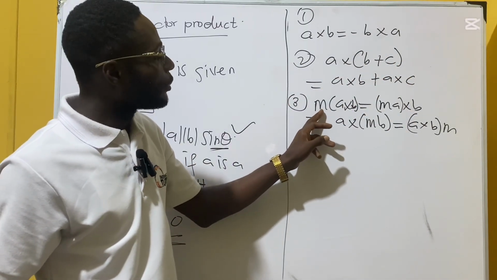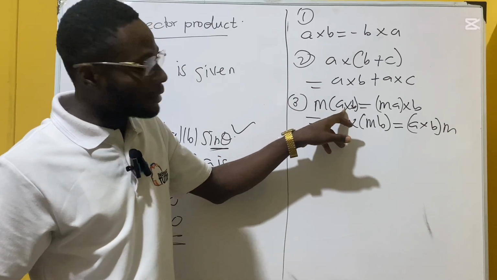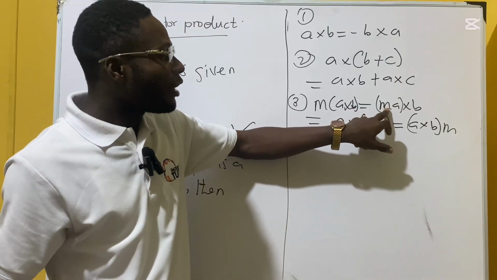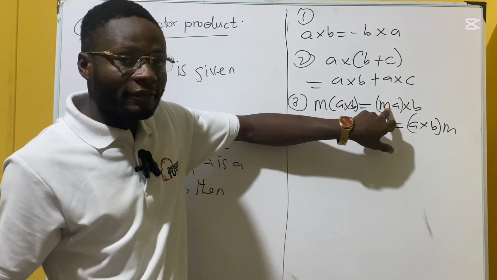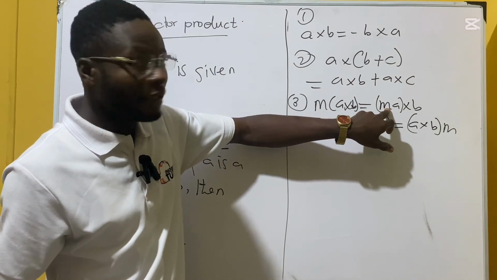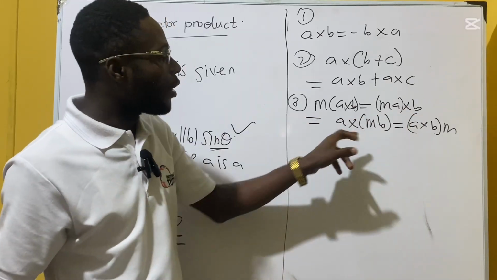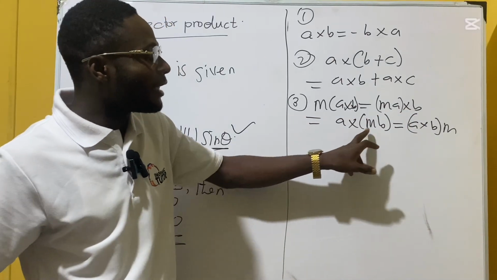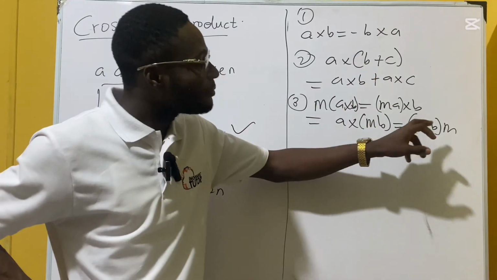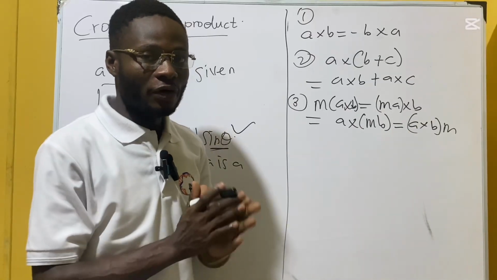When you multiply a scalar by a cross product, it's the same as multiplying the scalar by the first vector and then crossing with the other vector, or multiplying the vector by the scalar. They are all the same.